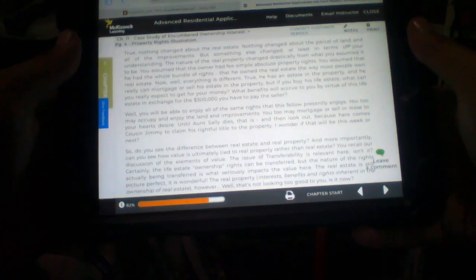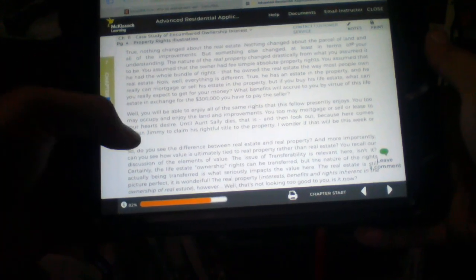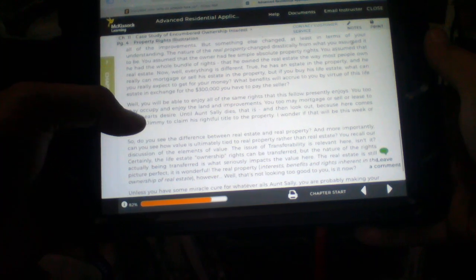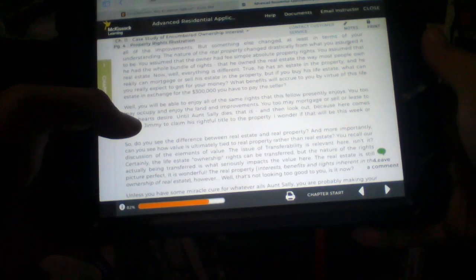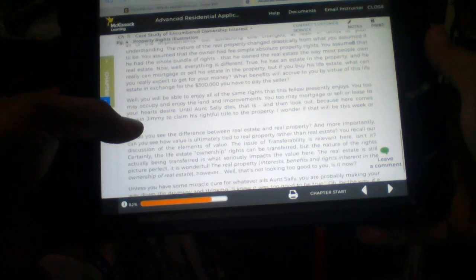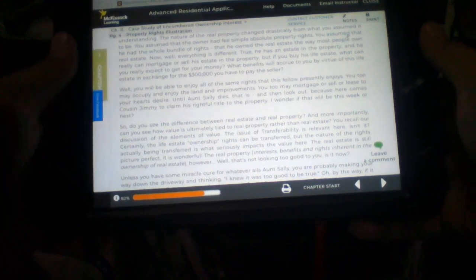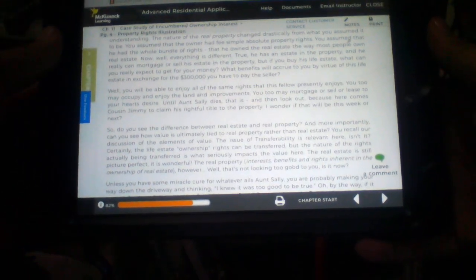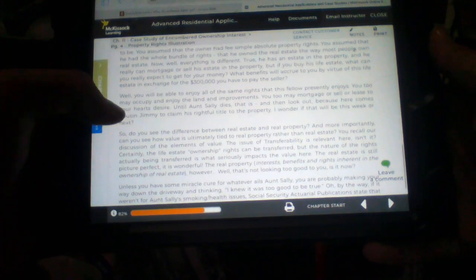Nothing changed about the parcel of land and all of the improvements, but something else changed, at least in terms of your understanding. The nature of the real property changed drastically from what you assumed it to be.